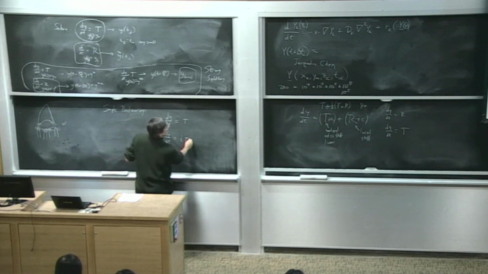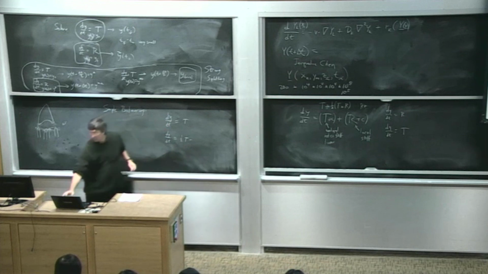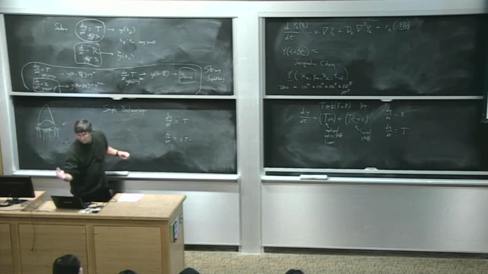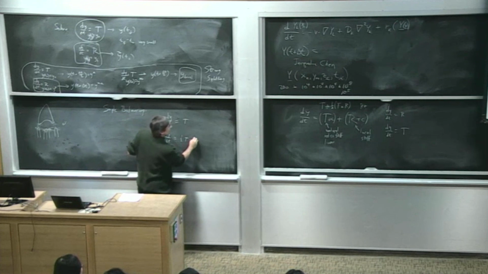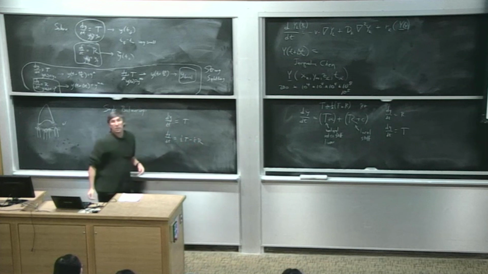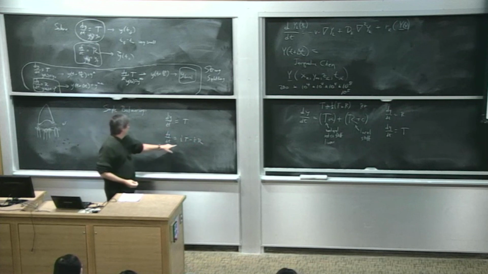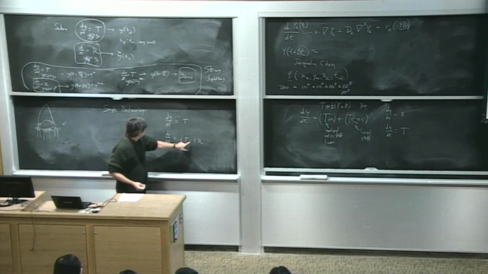I feel like I made a sign mistake here. So half of t minus half of r, something like that. And this can't be right.